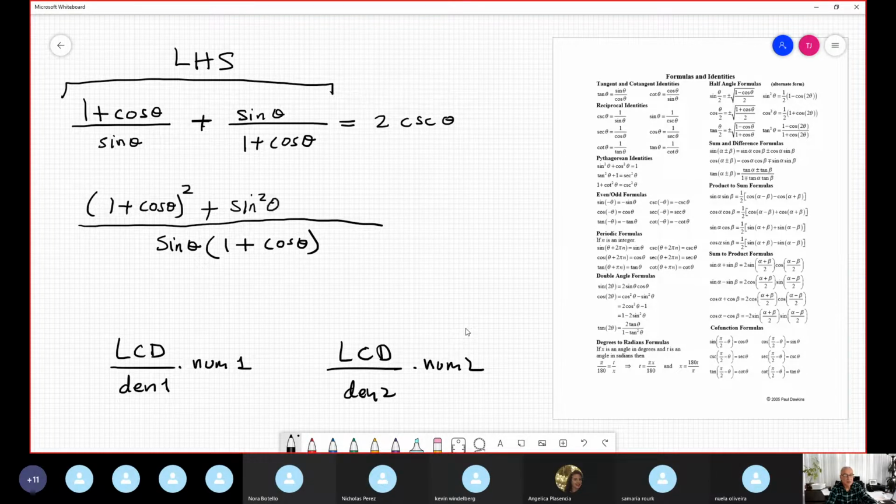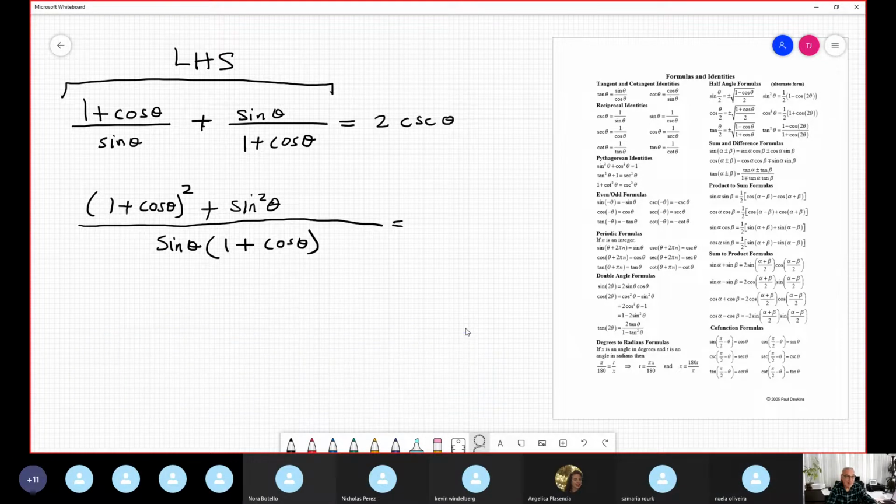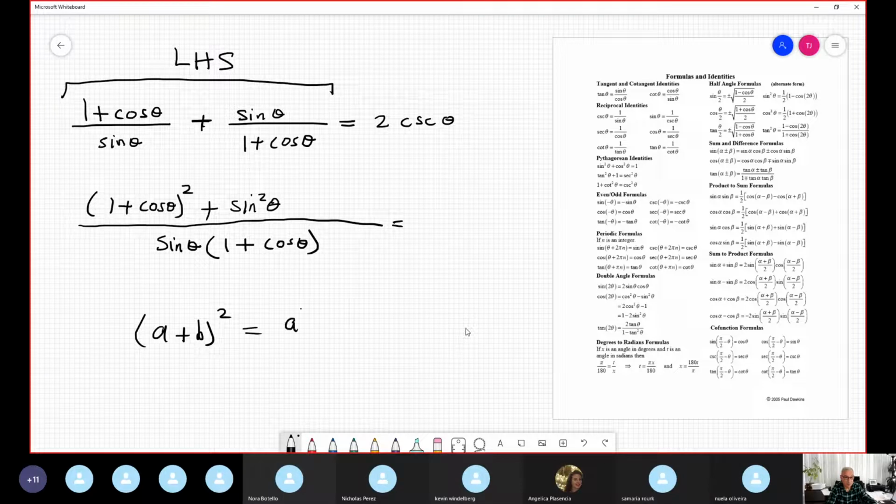So far, does everyone follow me or not? Yes, we are following. After that, you expand, but the expansion is different. Look, this expansion is also a special product, which is (a plus b) squared. It is a squared plus twice ab plus b squared.